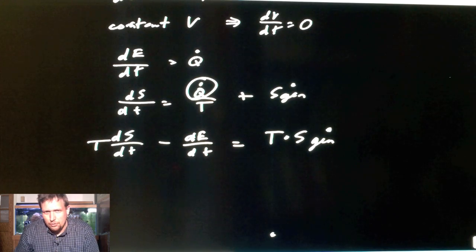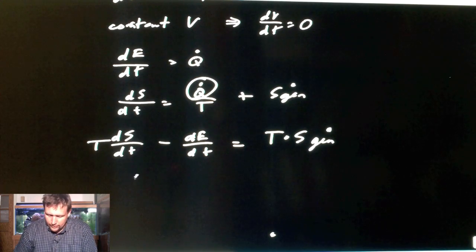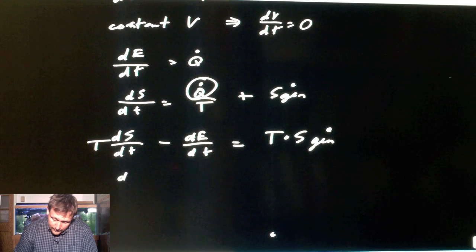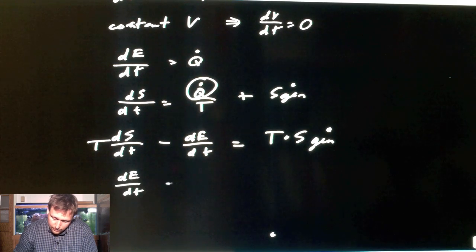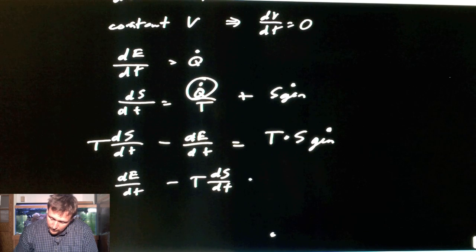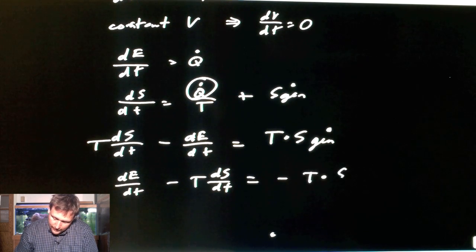Now multiplying through by minus 1, we get the following: dE/dt minus T dS/dt, which equals minus T times S gen.